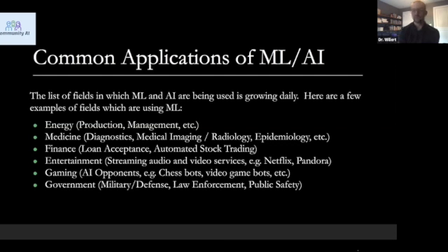In finance, we talked about an example earlier, loan acceptance, trying to determine if a client is a good candidate for a loan. And at the high end, there are also folks who use machine learning for automated stock trading.